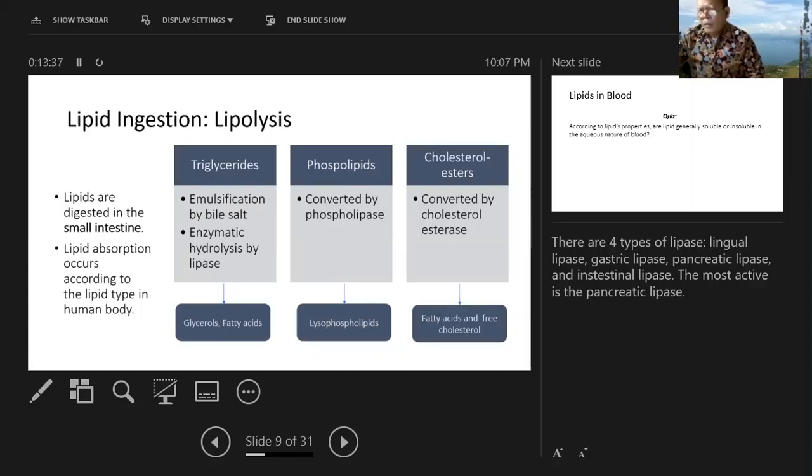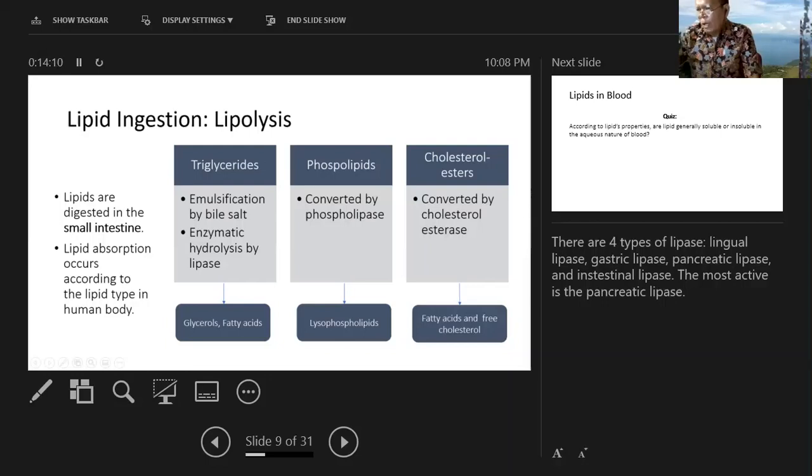Lipids are digested in the small intestine. Lipid absorption occurs according to the lipid type in the human body. This one is triglyceride, and it will be converted into glycerol and fatty acid. The first one, this triglyceride, will be emulsified by bile salt and converted by enzymatic hydrolysis.